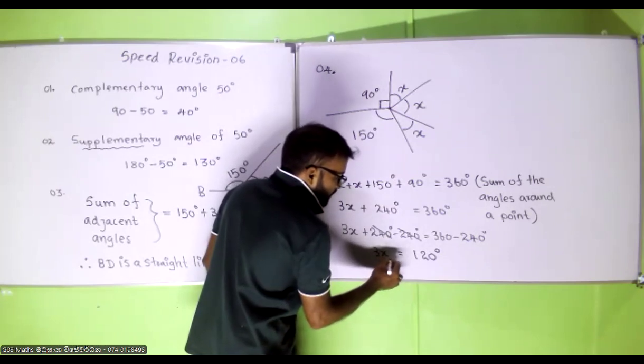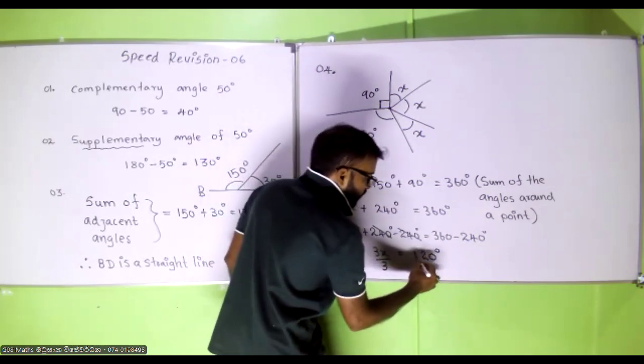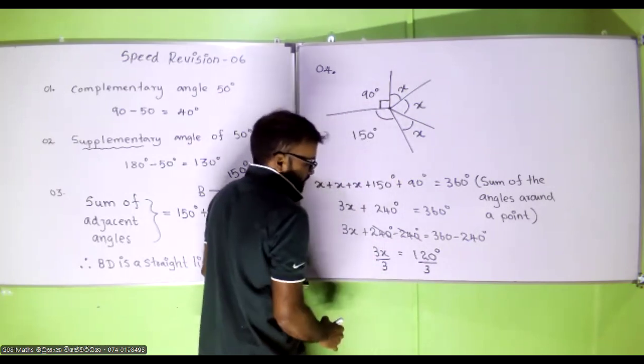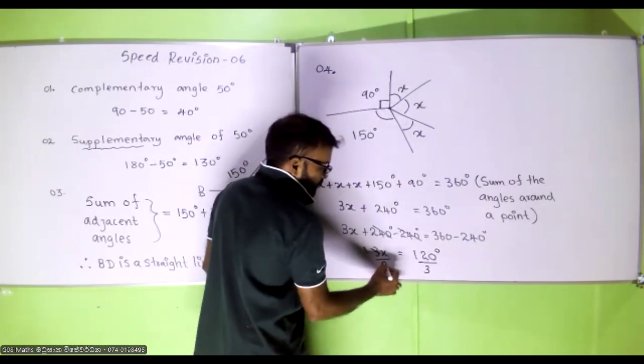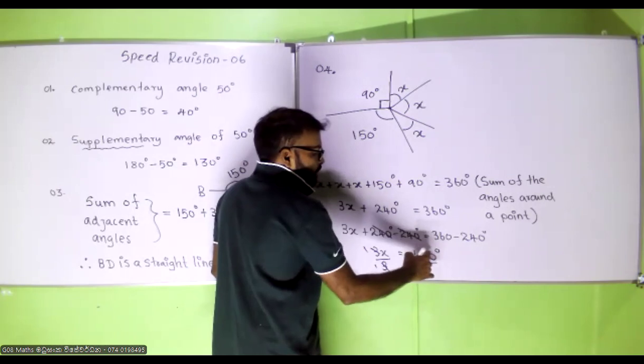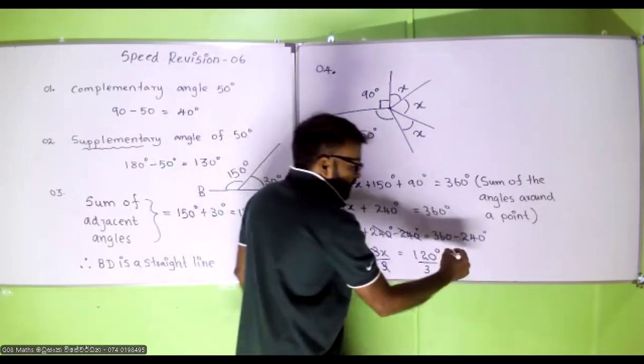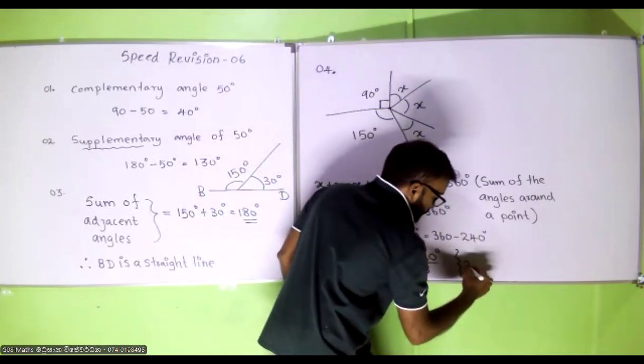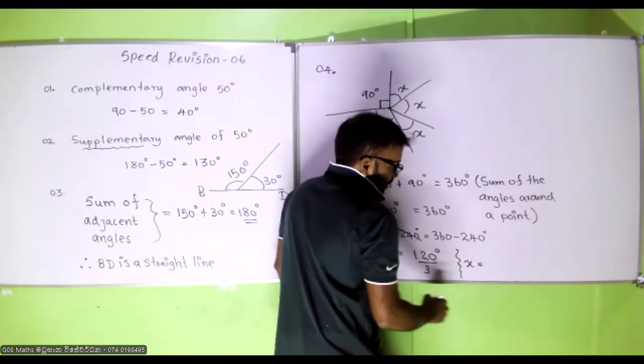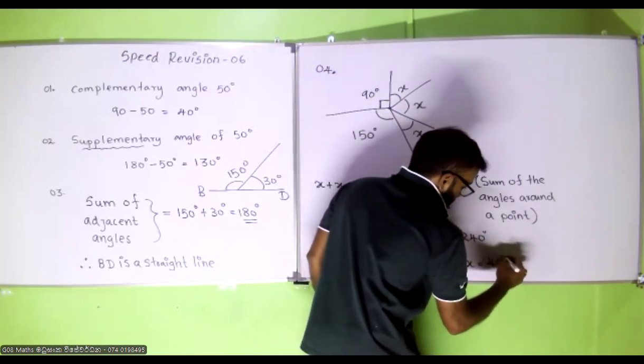Now you have to divide both sides by 3 if you want to find the value of x. 120 divided by 3. So what is the value of x? x is equal to 40 degrees.